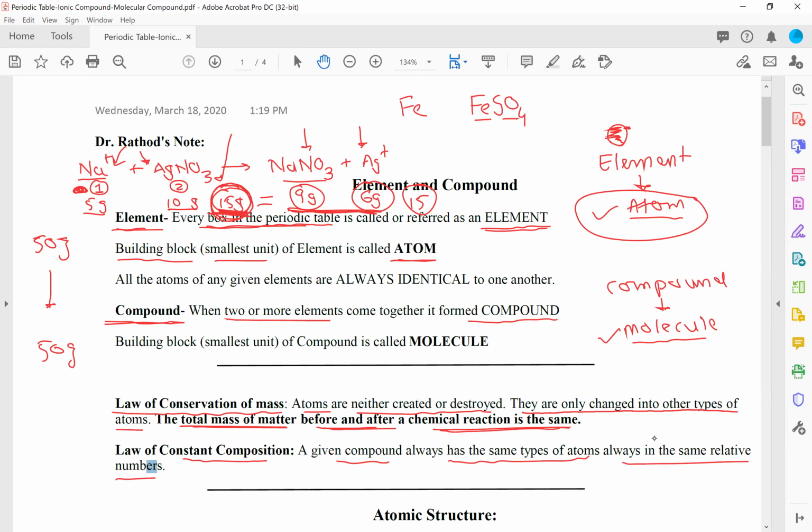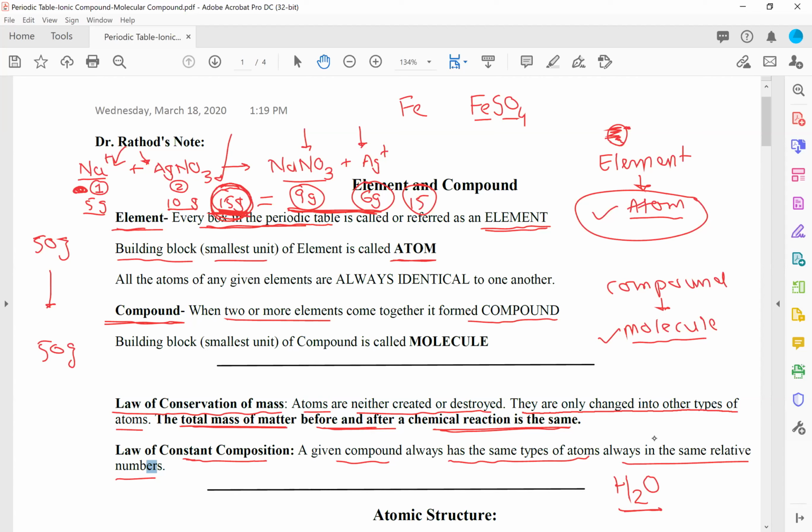H2O. Excellent, right? If you guys know that, it's awesome. If you don't know, now you know. H2O. This is the chemical formula, or this is the chemical way we can represent water. H2 means 2 atoms of hydrogen, and O means just 1 atom of oxygen. So this is the chemical formula of a compound.